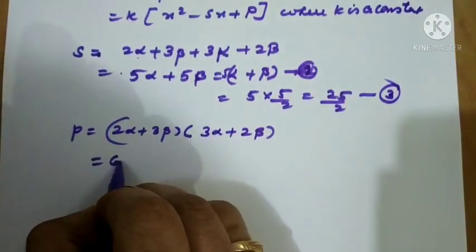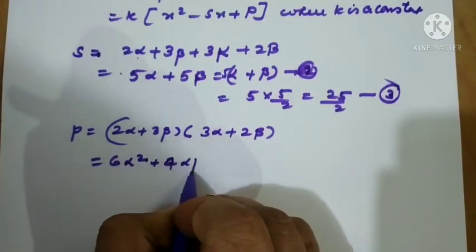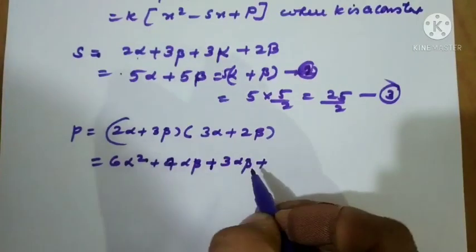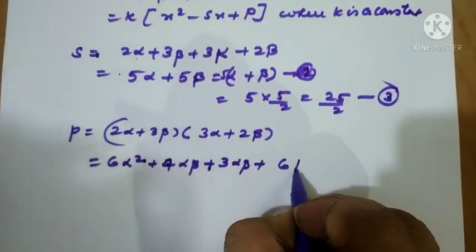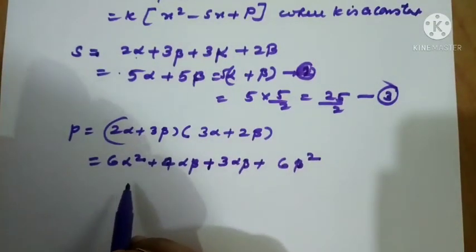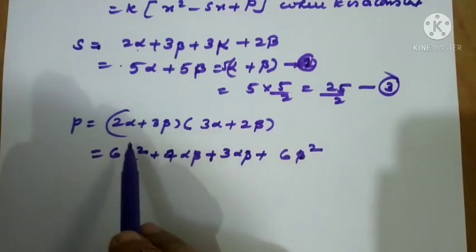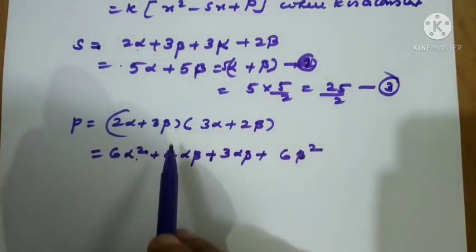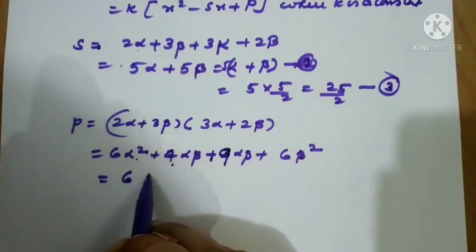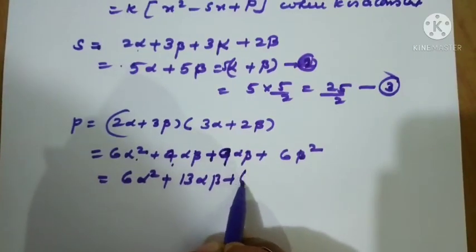Expand: 6 alpha square plus 4 alpha beta plus 3 alpha beta plus 3 into 2, 6 beta square. Okay, once again: 2 into 3 is 6 alpha square, 2 into 2 is 4 alpha beta, 3 into 3 is 9 alpha beta, right? So it will be equal to 6 alpha square plus 13 alpha beta plus 6 beta square.